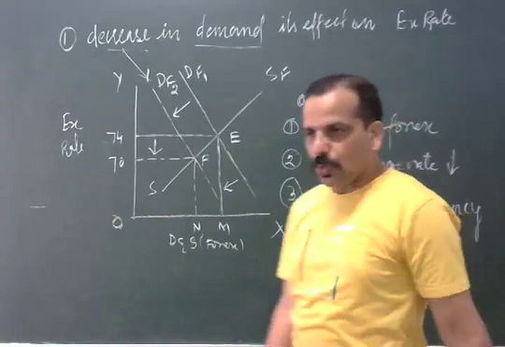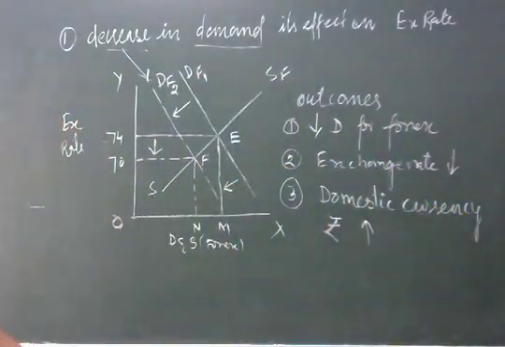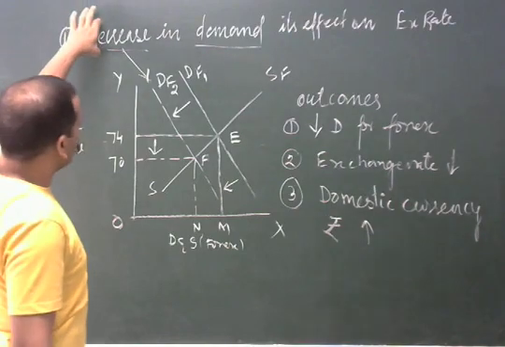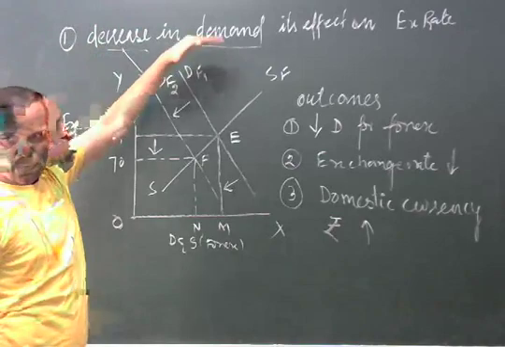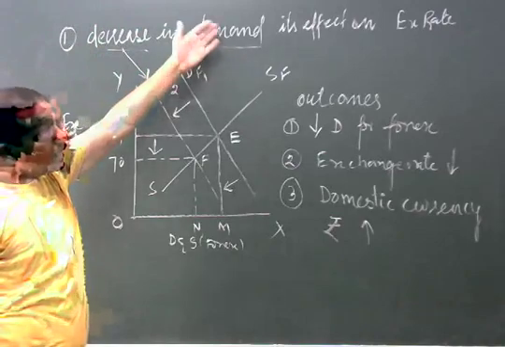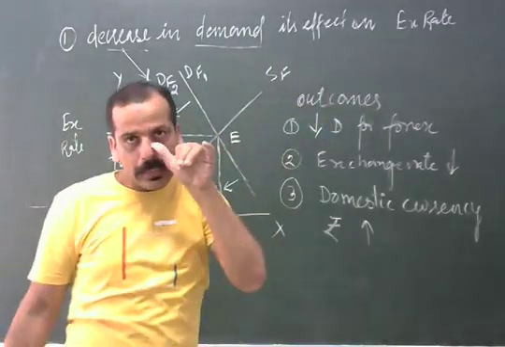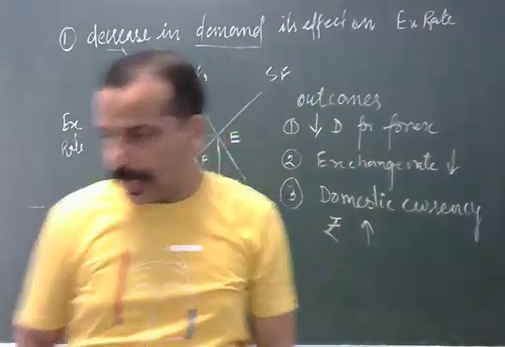So this is about the decrease in demand for a foreign currency. When the demand for the USD falls, definitely the exchange rate will also fall. Clear?